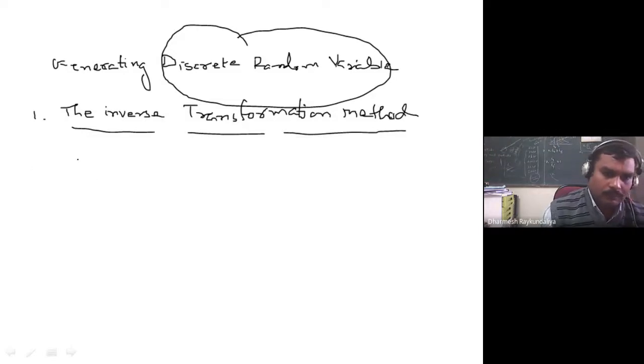In the continuous random variable case, we write the CDF, and if the CDF is invertible, then we call it the inversion method or inverse transformation method. But here, this method is a little bit different.